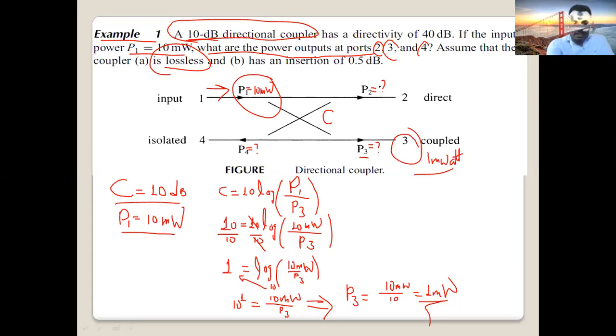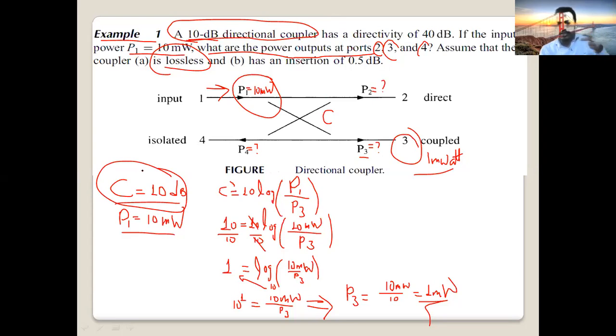So C is a very important specification or figure of merit for a coupler. C indicates how much power is sampled or transferred from the first transmission line to the coupled transmission line.